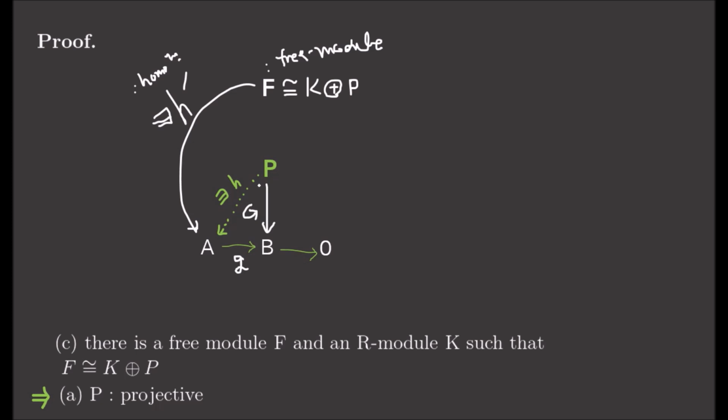Why? Then we can construct the map P to A by using this relation. We can naturally give a map from F to P because F is isomorphic to these guys. From F to F, the inclusion map is naturally given.